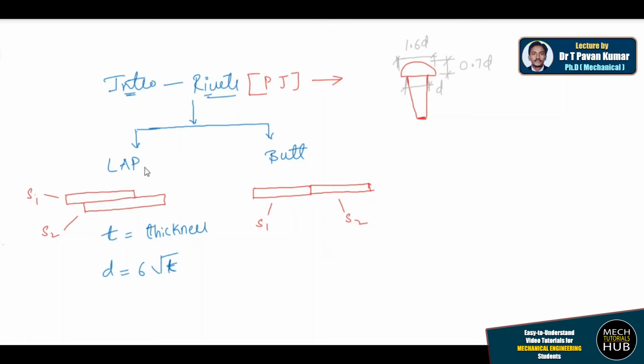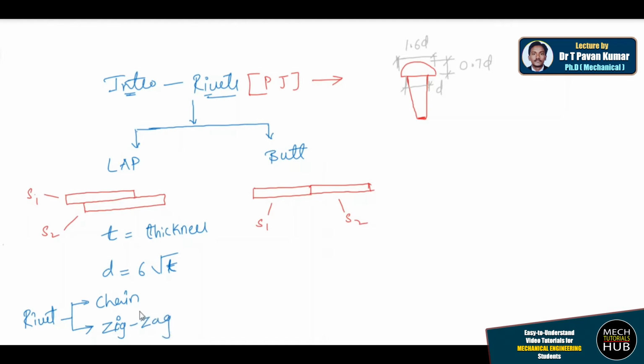So lap and butt joint, again in the same lap joint there are two types of riveting. What are those two types of riveting?